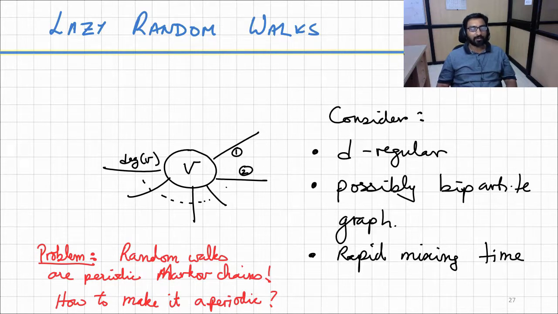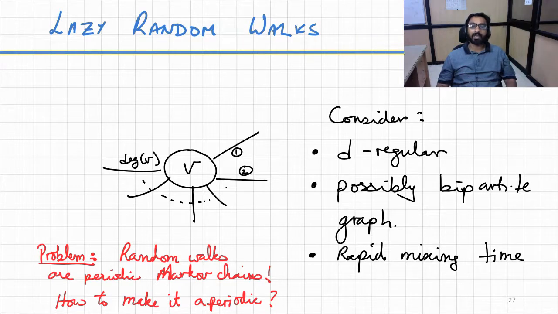So let's consider a vertex V, and it has degree V, the number of edges incident at it. If it's d-regular, the degree of V will be exactly d, but even otherwise you can think of d as being an upper bound on the degree, and so the individual degrees can be something between 1 and d. So here is a vertex V with degree V number of edges incident at it.